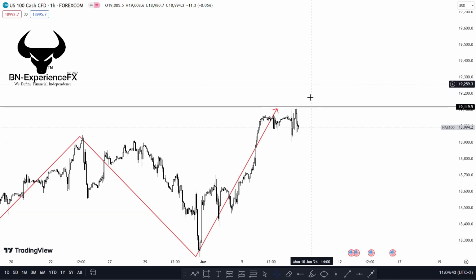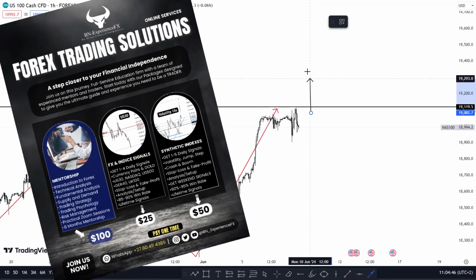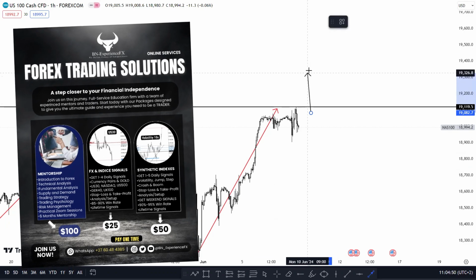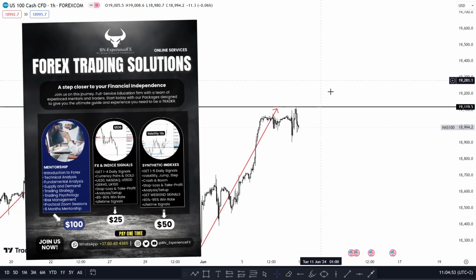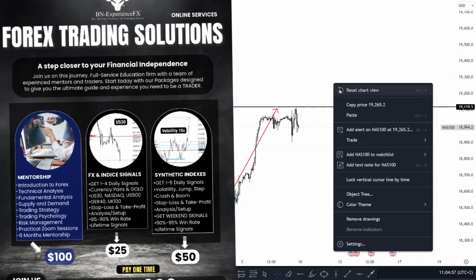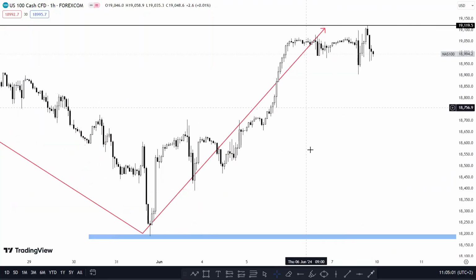Like, where is the next TP? If you want to know where the next TP is going to be if you break out here, since this is the highest point, make sure you check us out on our mentorship and all that stuff. So for now, we're going to be focusing here.